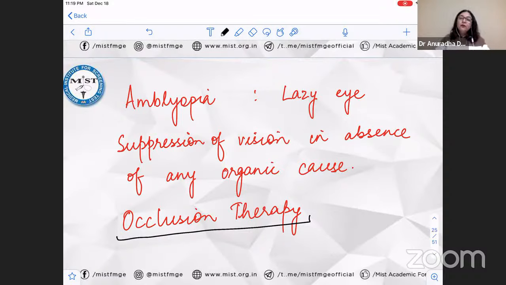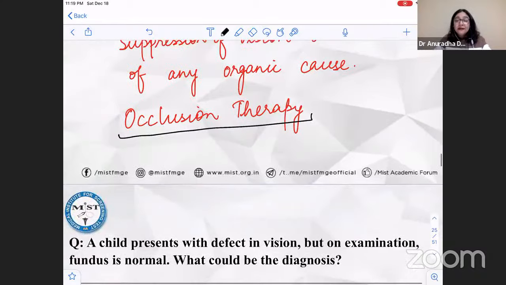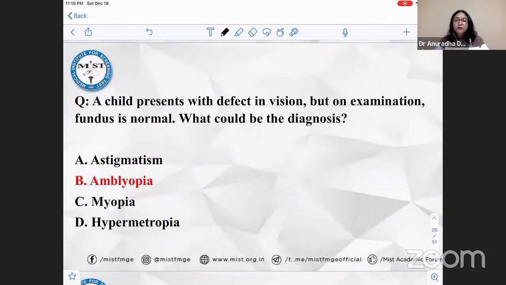So that is known as occlusion therapy. You are trying to stimulate the lazy eye by patching the good eye. So for this particular question, as I told you, maybe the statement is incomplete, but for defective vision with fundus normal, the most appropriate choice is amblyopia, right?